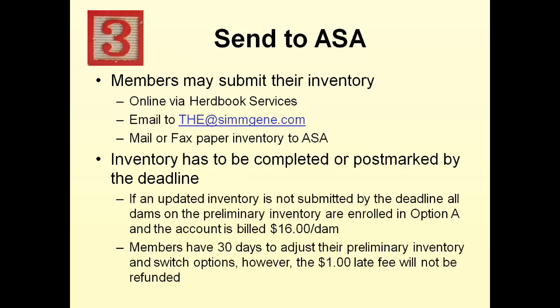So if the computer says that you have 25 cows and you only have 17, you will have 30 days to submit an inventory, either online, via email, or via paper, within that 30-day window, and we completely credit your account for that $16 for any removed females, but any females that remain enrolled, the $1 late fee remains tacked on, so it just ends up being an extra $1 per female.